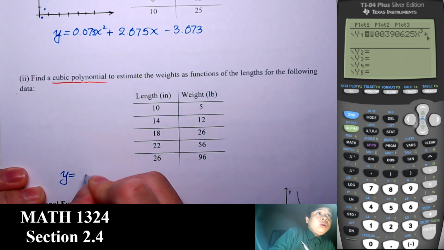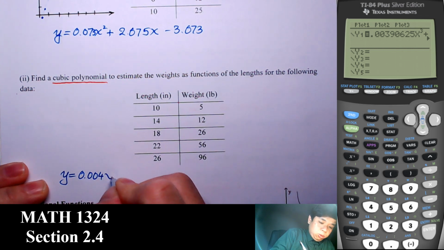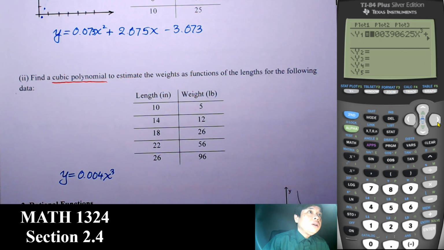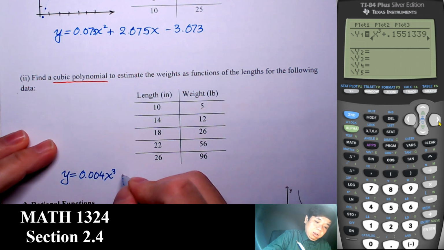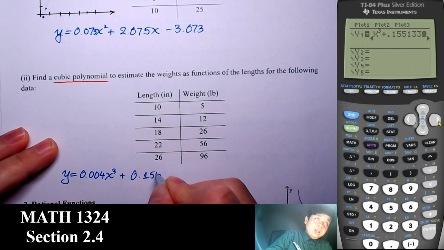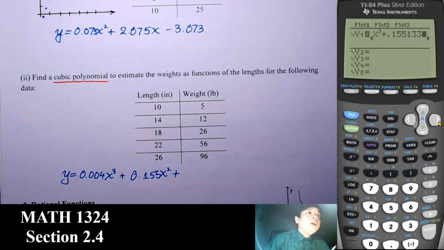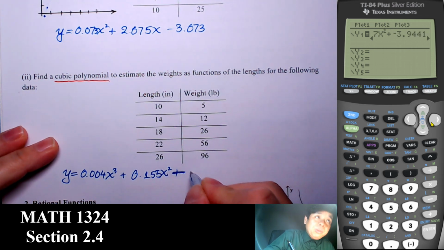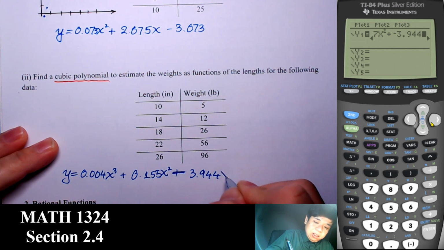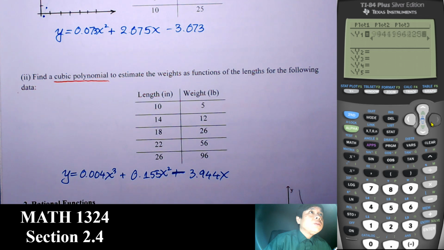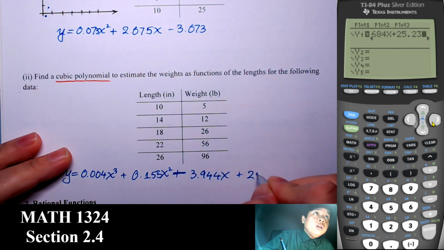Y will be equal to 0.004 x cubed plus 0.155 x squared, plus negative, it's actually just negative 3.944 x, and plus 25.236.